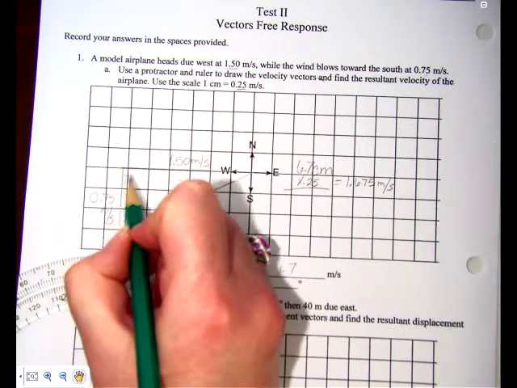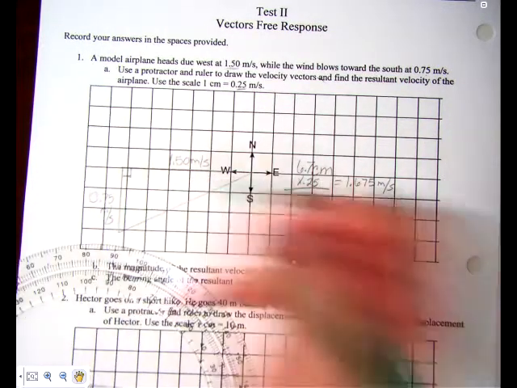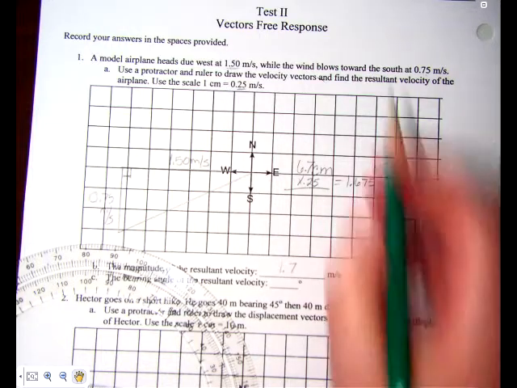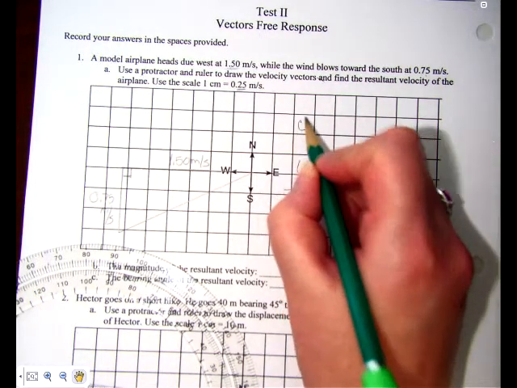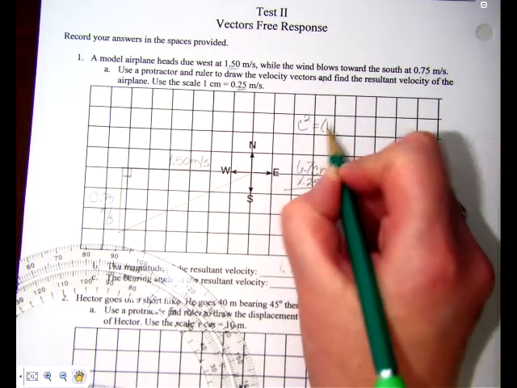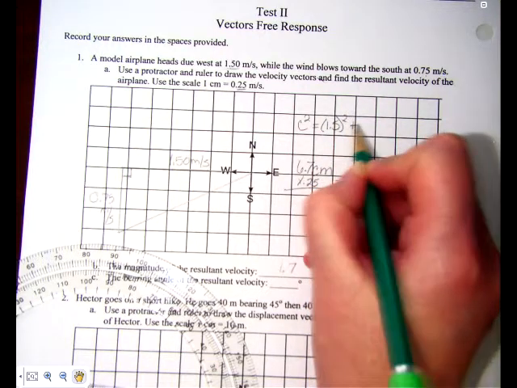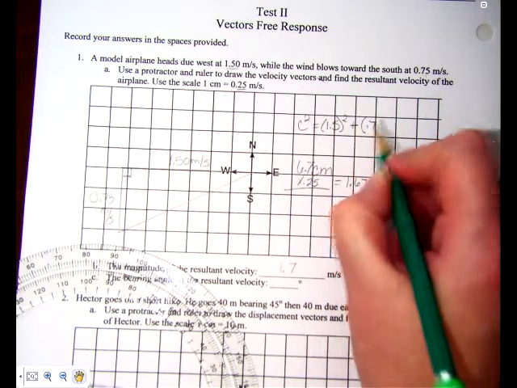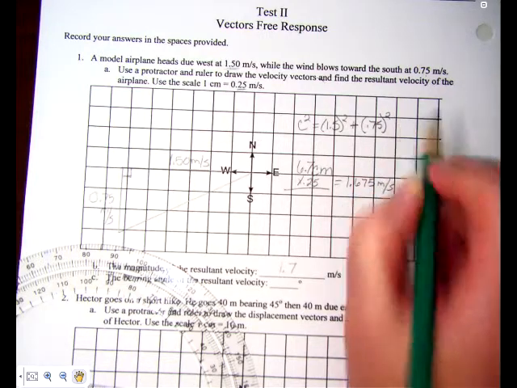Because this is a right angle, you could also use the Pythagorean theorem. C squared is equal to 1.5 squared plus 0.75 squared.